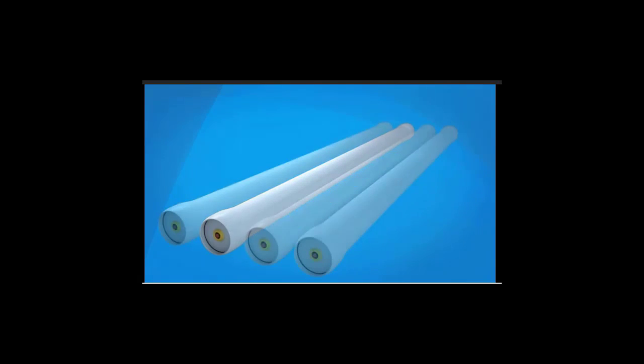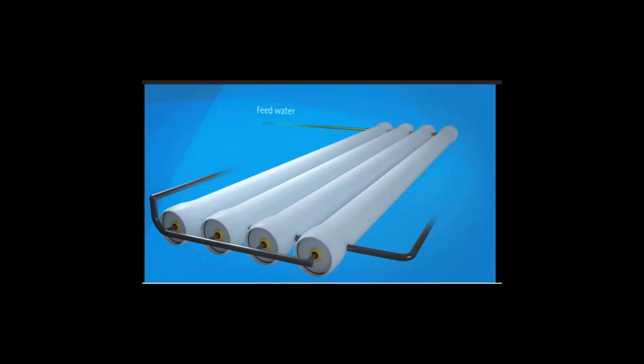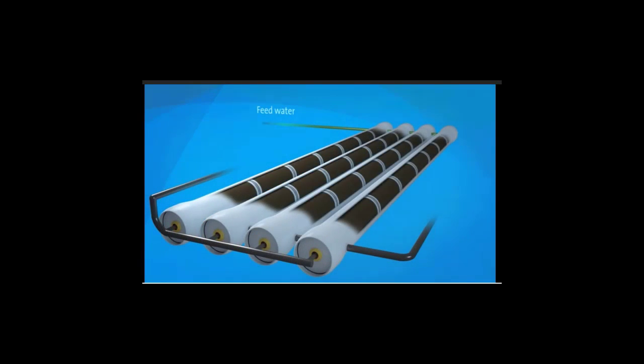Feed water is pumped at high pressure into the vessel. As it travels, small molecules like water pass through the membrane, while larger particles such as salt, bacteria, and viruses do not. The final recycled water product is collected from the end of the elements. The concentrate or reject from that vessel flows to another stage, producing more recycled water.